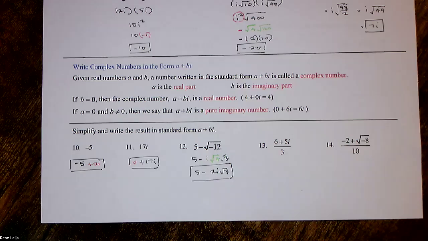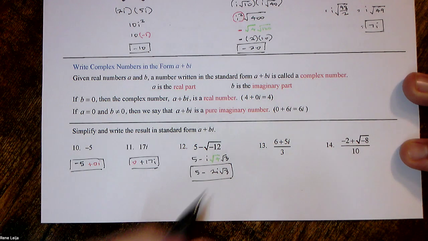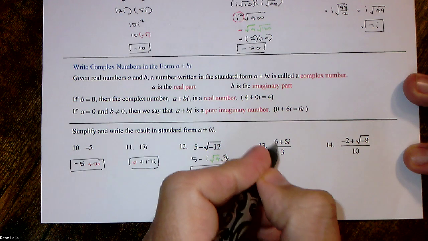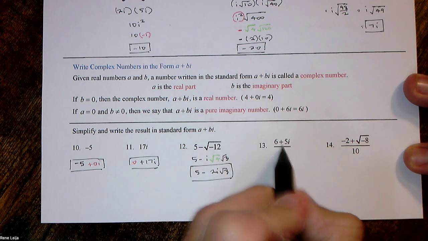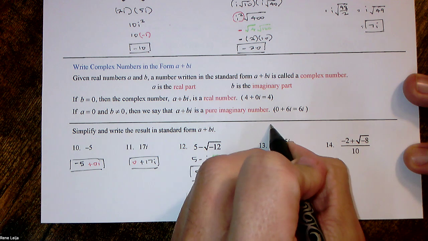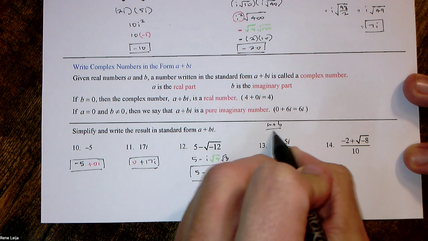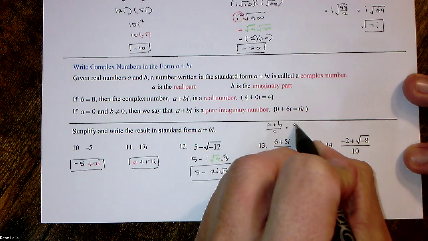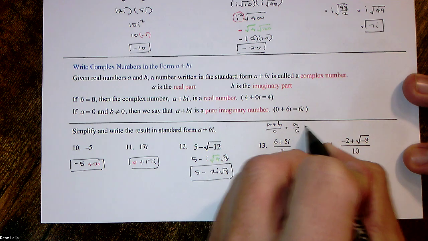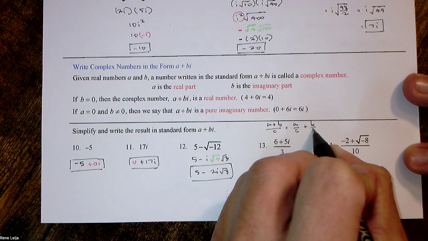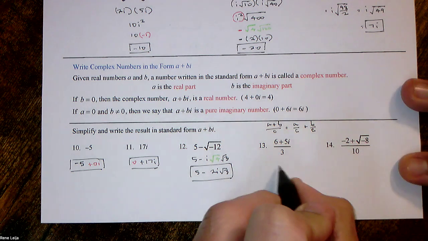All right. Now, number 13, I notice these two terms can be reduced, because remember, going back to fractions, a plus b over c is the same thing as a over c plus b over c. They share a denominator.